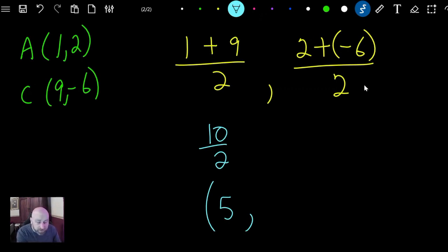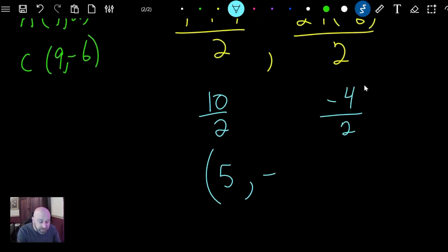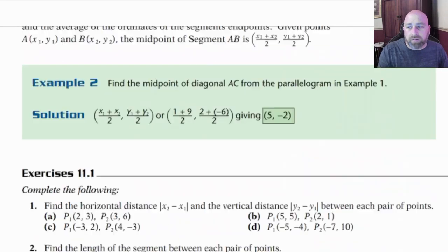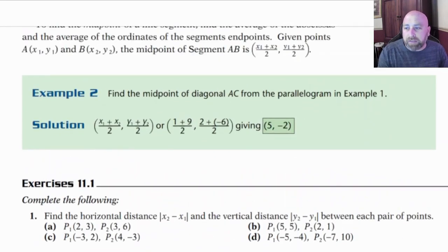And then we come over here, and 2 plus a -6 is going to give us a -4 over 2, and so this one is going to give us a -2, which will be our y point. So our midpoint is 5, -2. Come back over here and we can kind of verify that. Maybe you were following along in your book, but there it is. 5, -2 is our midpoint.